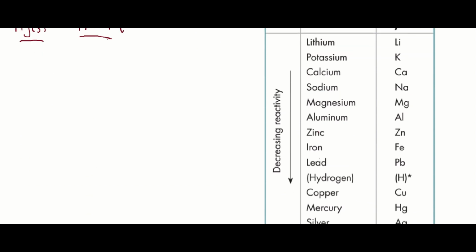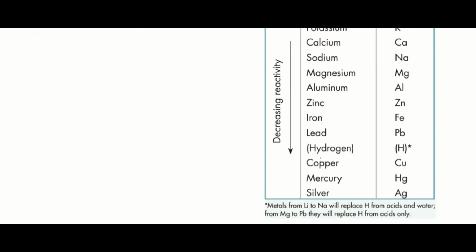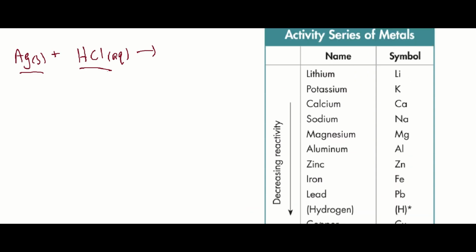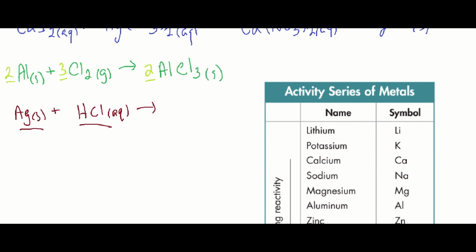It's not very reactive. We make jewelry out of silver, and gold is even less reactive, because you don't want to make jewelry out of very reactive metals. You want them to be non-reactive. So the metals toward the bottom of this list are not reactive enough to replace the cation above it. In this case, hydrogen is not a metal, but it is the cation above it. So this is no reaction.